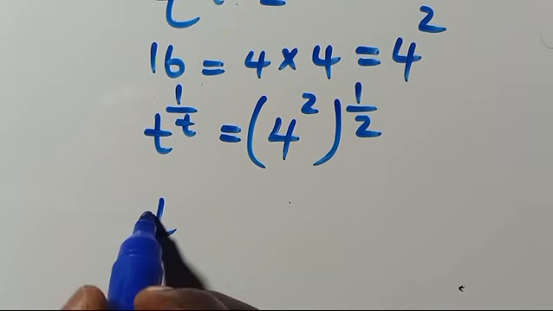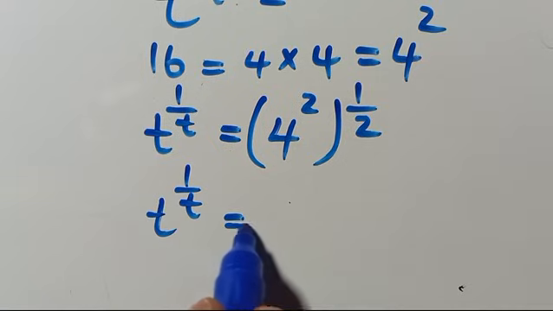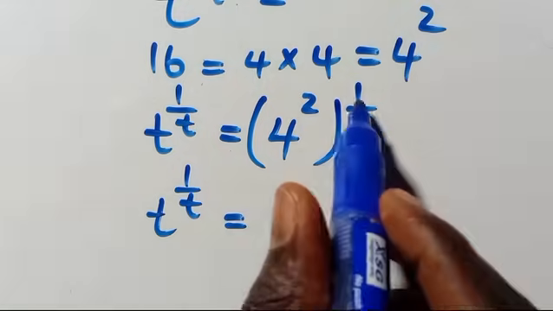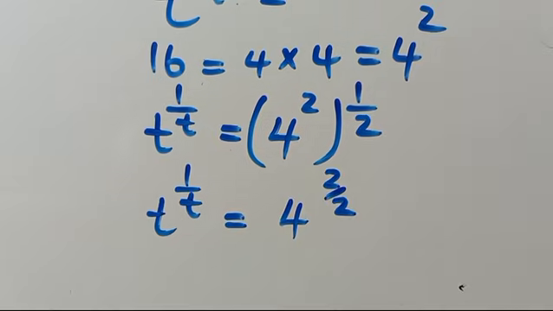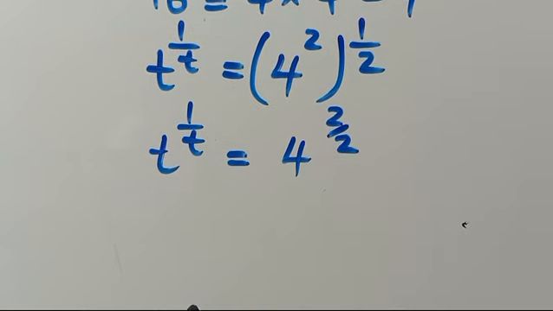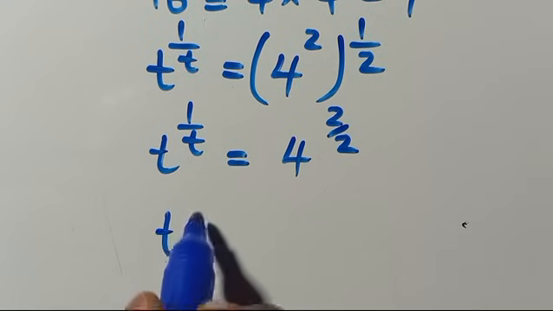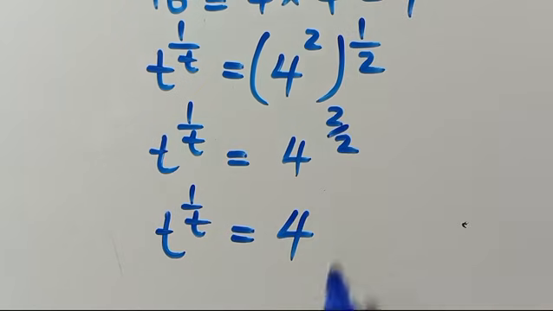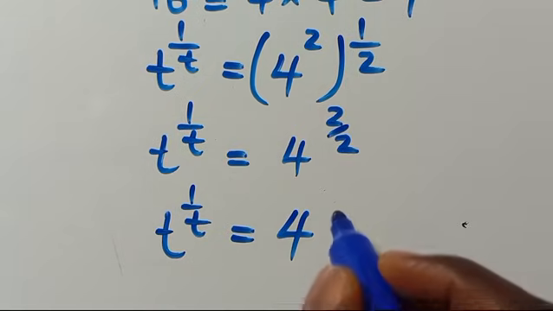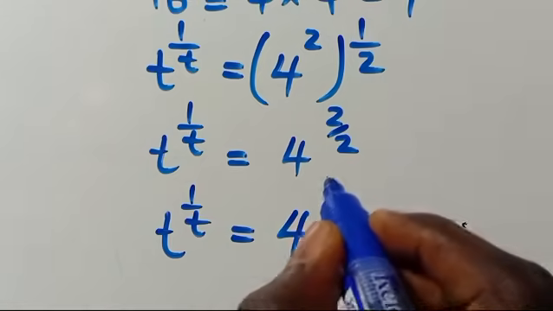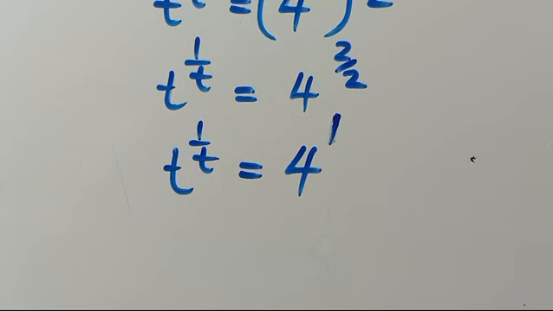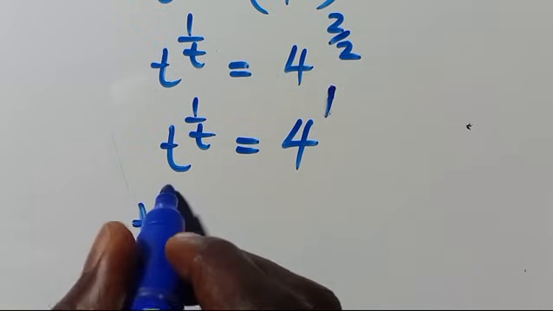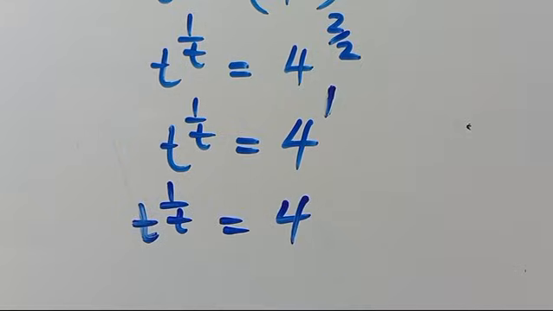So we have t to the power of 1 over t equals 4, this will be 2 over 2, so 4 to the power of 1. Here we have t to the power of 1 over t equals 4.